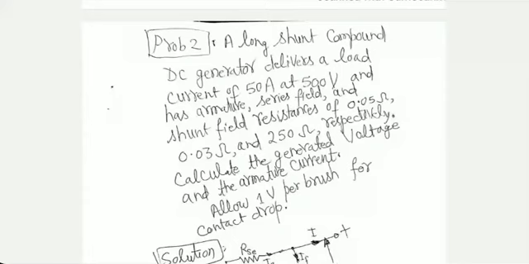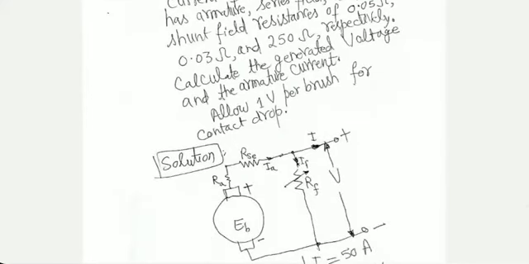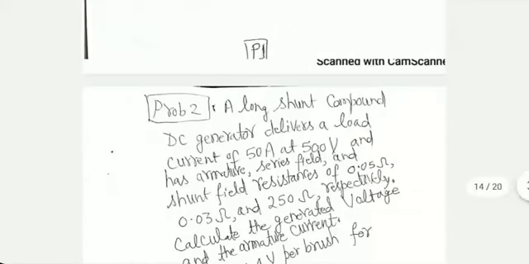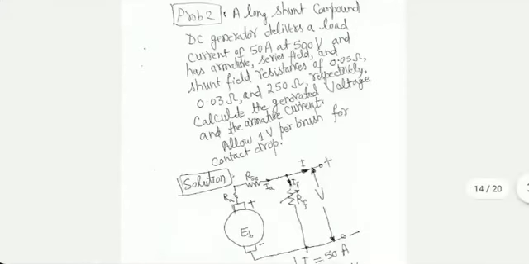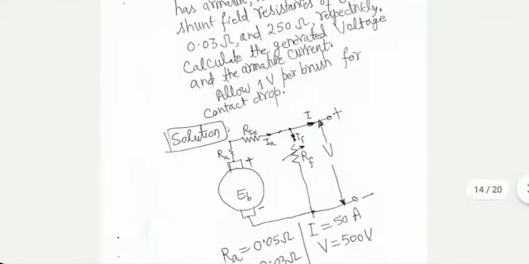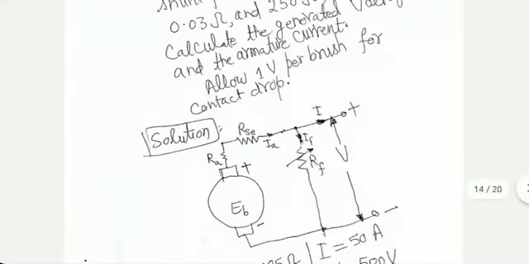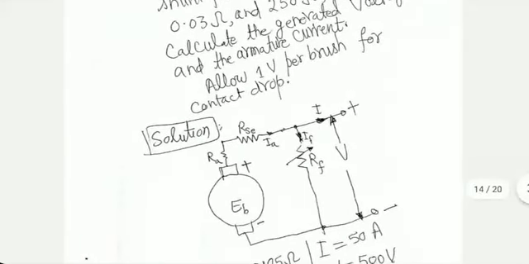If you interchange the position of RF and RSC, then it is called short shunt. I don't know why. Most likely what they mean is shunt is far away from the armature, but there may be some other reasons. Anyway, so long shunt means RF has to be directly across V. That is the way it is. Okay, so this is the circuit diagram, equivalent circuit diagram for long shunt compound machine.